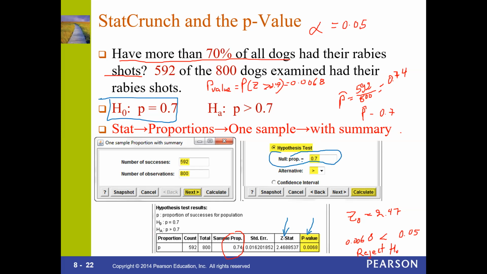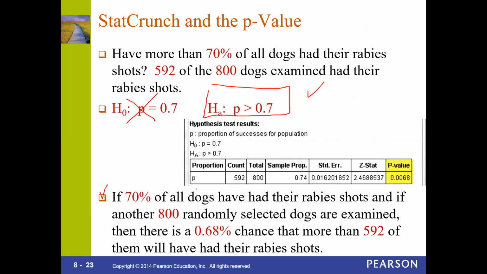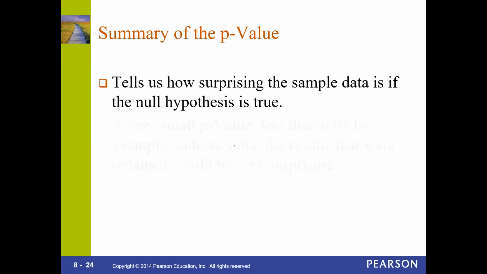You put the equal sign for that one, and the other one will be greater than. That means this is a right tail test. So whenever you use StatCrunch, you say Stat, Proportion, One Sample, With Summary, and so on. That's what we did last time. And then I also explained more definitions and how to express it.